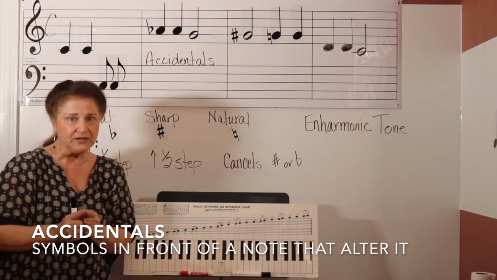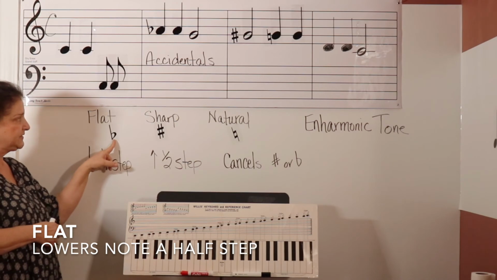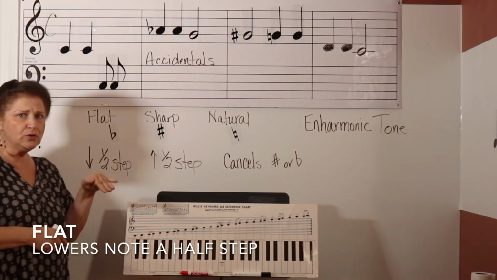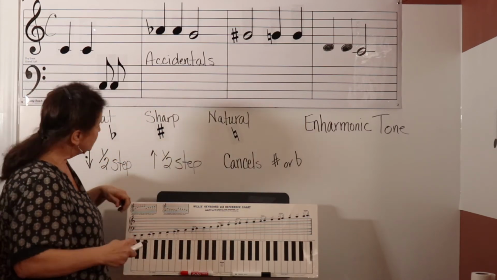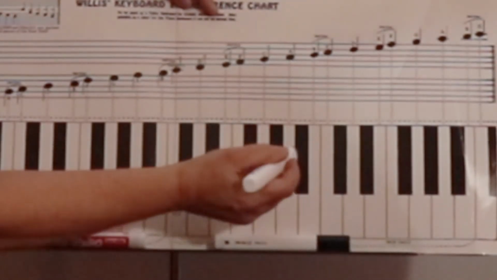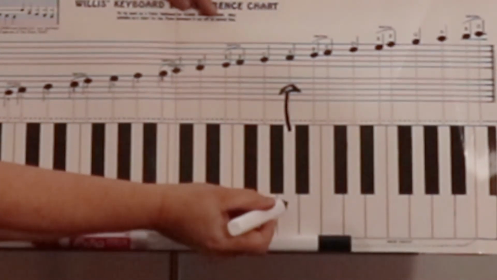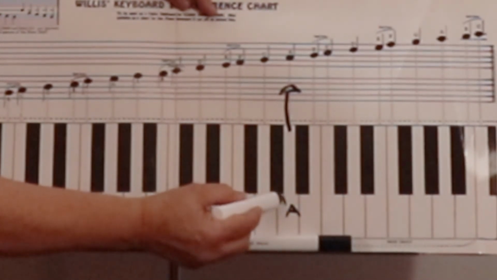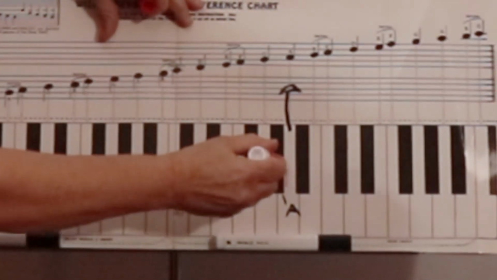Accidentals alter the pitch. The flat, which looks like a B, lowers the pitch by a half a step. So if we have this note here, which is A, here's A. If I were to put a flat in front of it, it would lower it to the black note right in front of it.